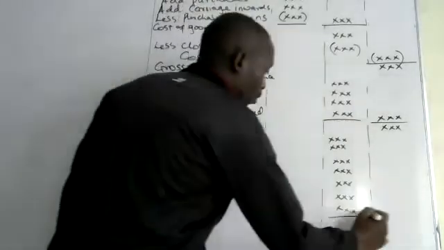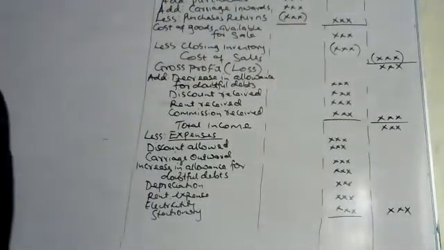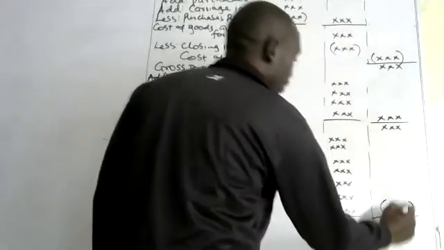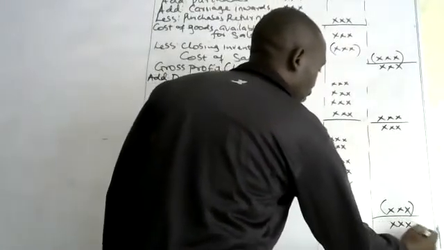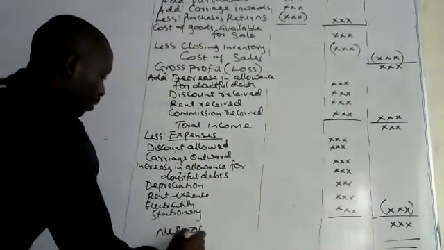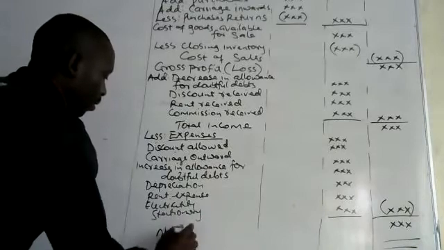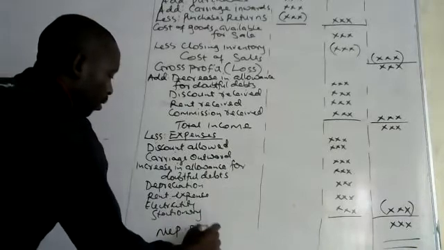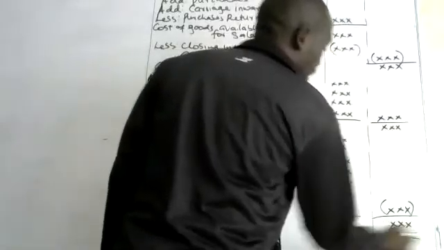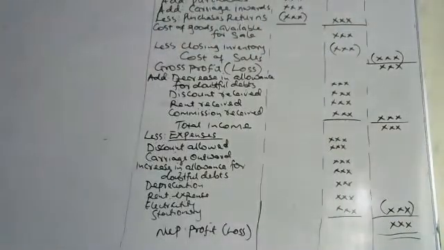Then you get the total, transfer the total to the column where we have the total income. Total income minus the total expenses will give you either the net profit or net loss. And that will be the end of your statement.